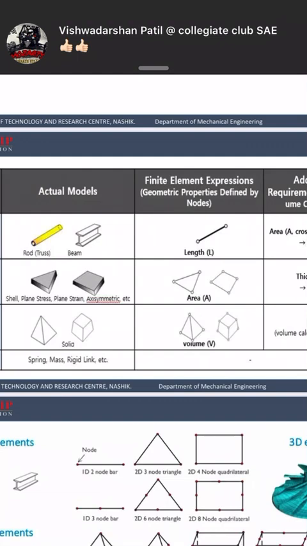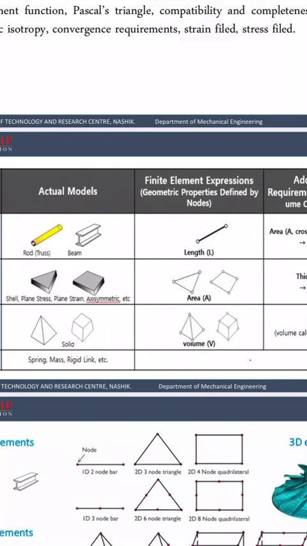Next, for a two-dimensional element, to define it in finite element expression we need a minimum of three nodes, like a triangle. It means we express this element as an area. By joining the nodes we can get the area of that shape.